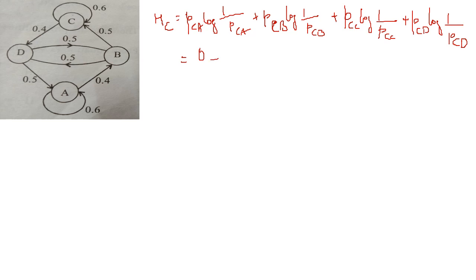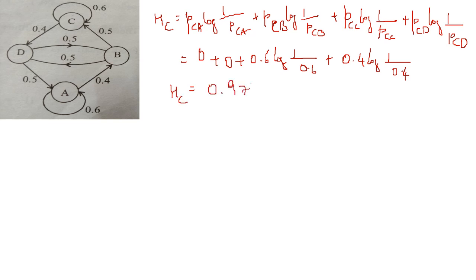PCA is 0, PCB is 0 and PCC is 0.6, so 0.6 into log 1 by 0.6 plus PCD is 0.4, so 0.4 into log 1 by 0.4. So after substitution, HC will be equal to 0.971 bits per message symbol. So this is HC.